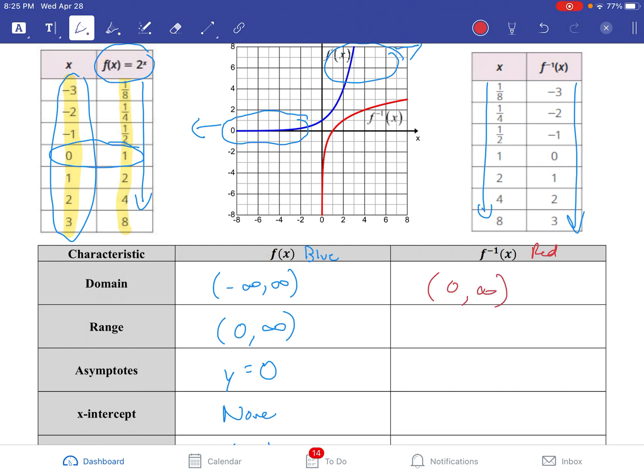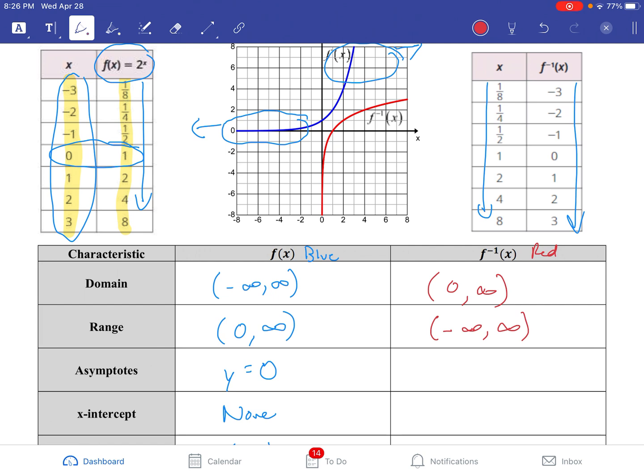Whereas the range of the red graph starts way down low and keeps going up higher, so it's going to be from negative infinity to positive infinity. So it goes from the bottom to the top. Okay, notice how they're just reversed of the domain and range of the blue graph, the regular exponential function.